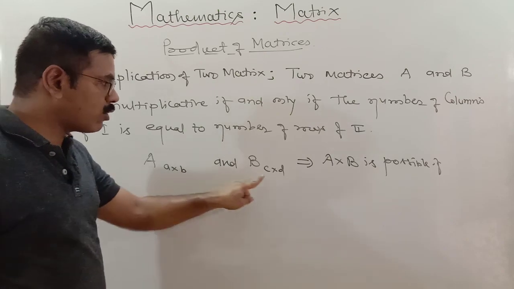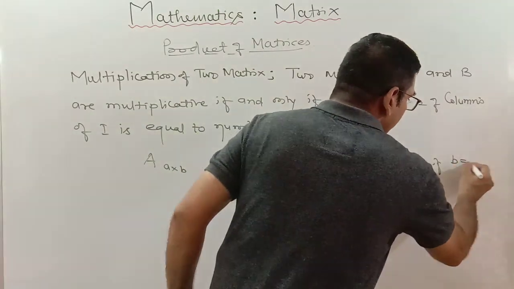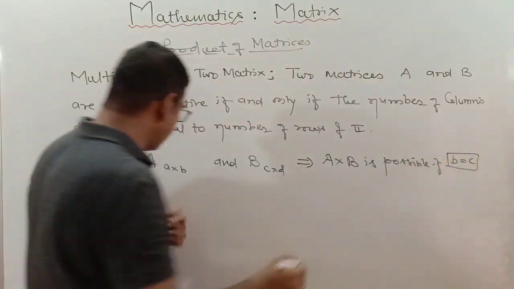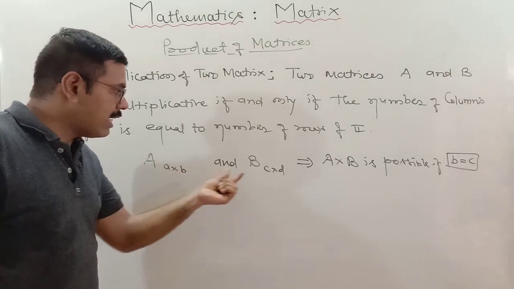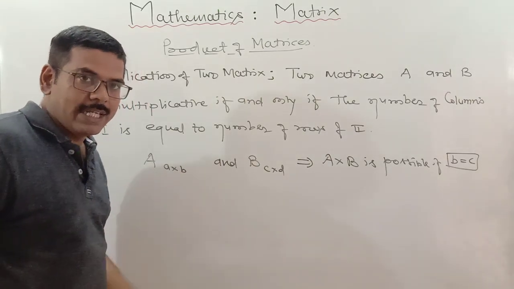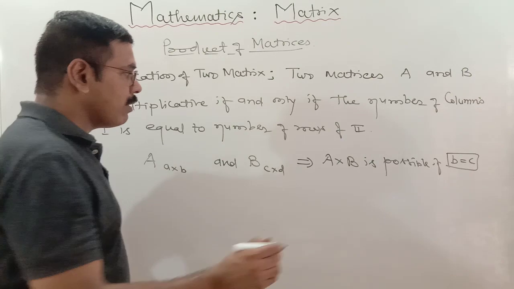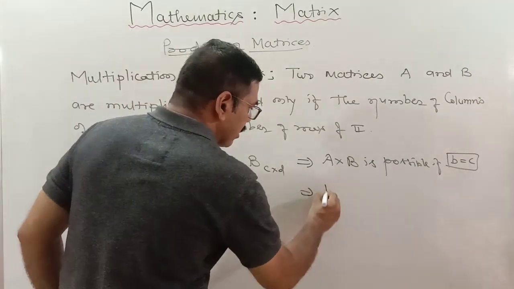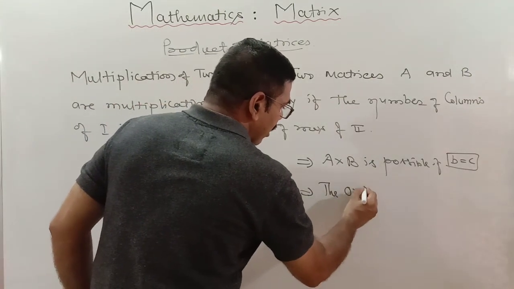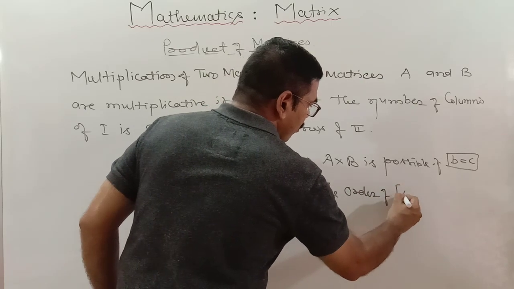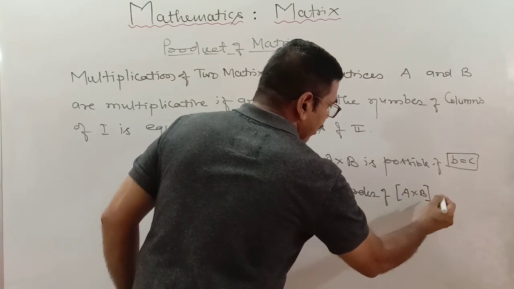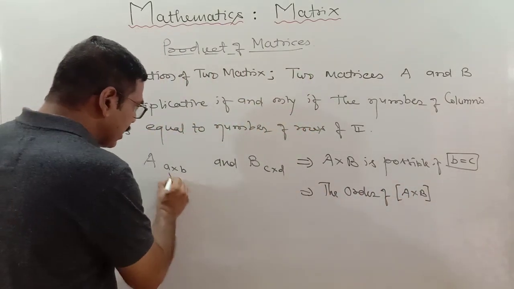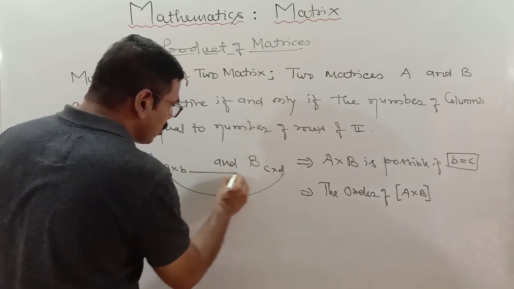When B is equal to C. B is the number of columns of the first and C is the number of rows of the second. This should be equal, and the order of the new matrix, the order of AB, will be A cross D.